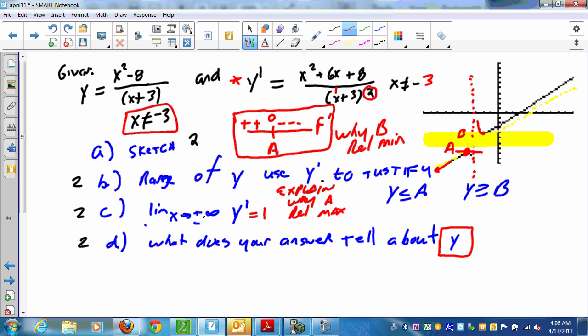Well, part C, you're analyzing the what? The first derivative. So what does the first derivative tell us? Well, it talks about the slope of the tangent lines of the original curve. So as you approach infinity, the slopes equal 1. So if the slope is equal to 1, that tells us that what?